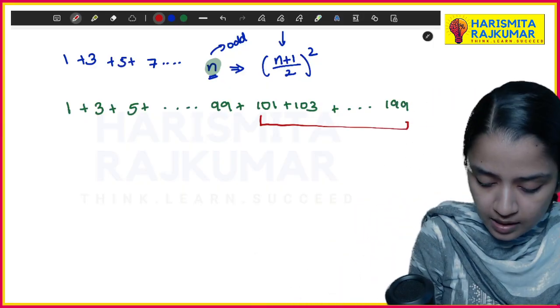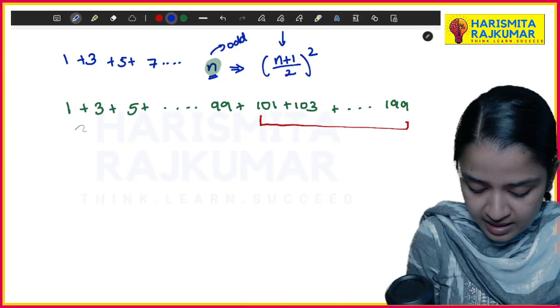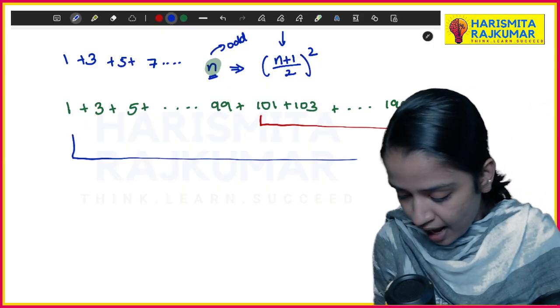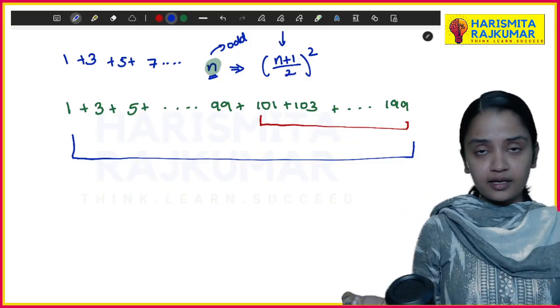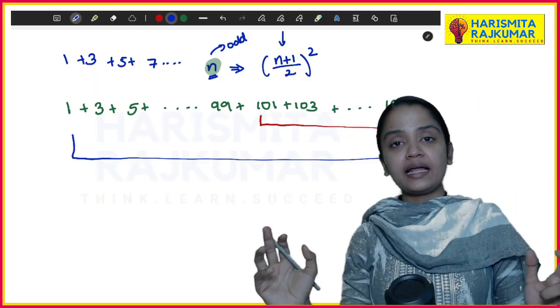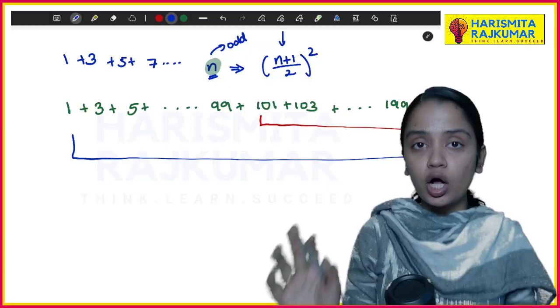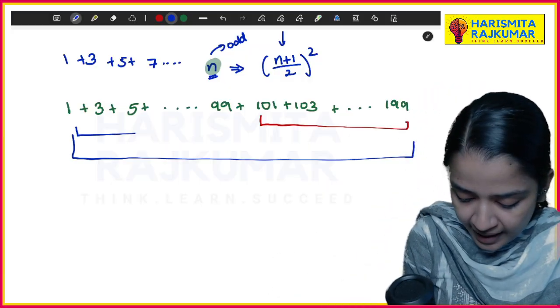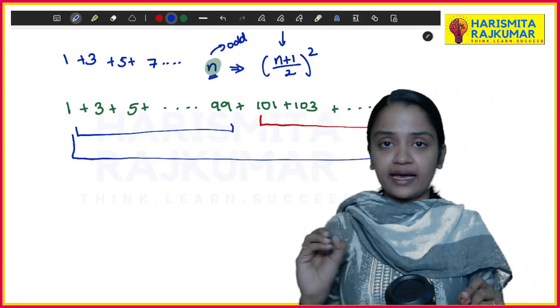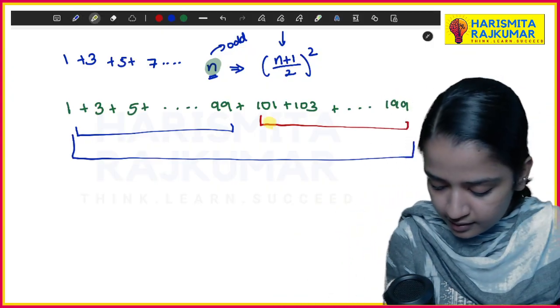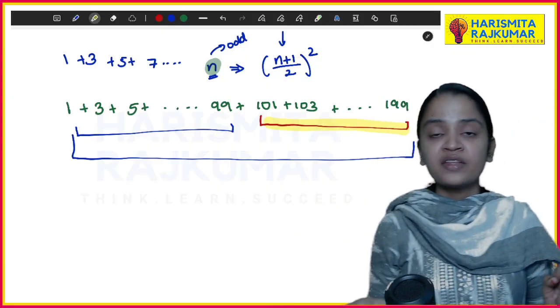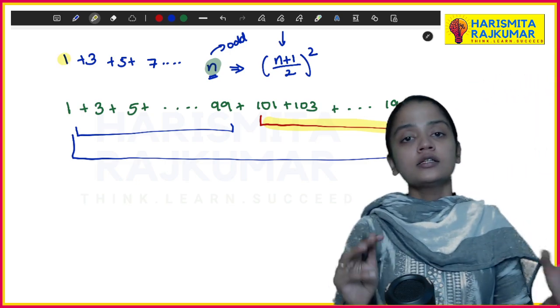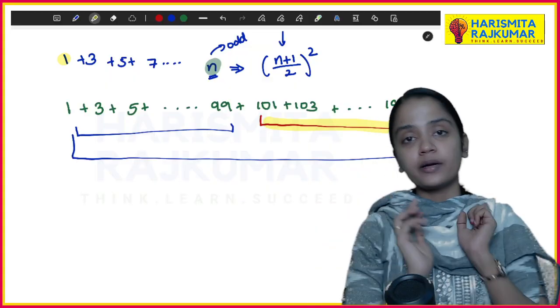So what am I supposed to do? I am taking the answer for the whole thing. From 1 to 199, I'm finding the sum of all the odd numbers and subtracting the sum from 1 to 99. Then I'll get the remaining numbers. Since our formula is from 1, we're taking that to get the in-between answer.